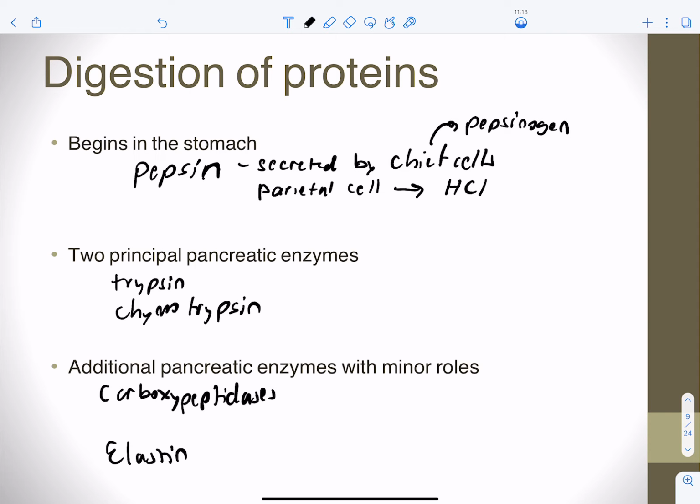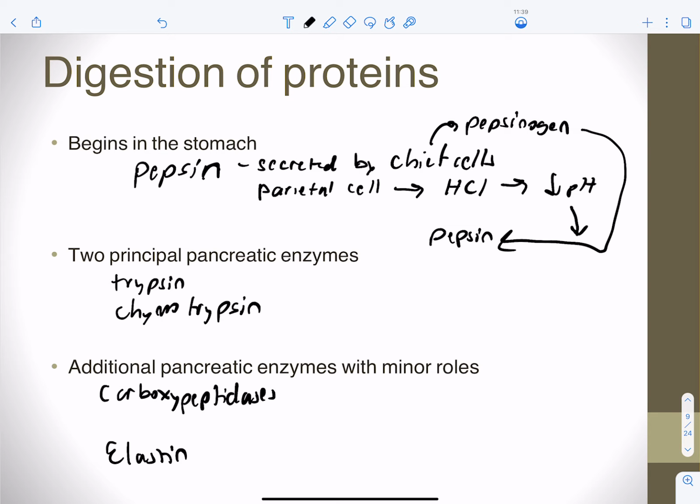And so this is going to lead to a lower pH. And this low pH is what activates pepsin. So the low pH of your stomach will activate pepsin from pepsinogen.